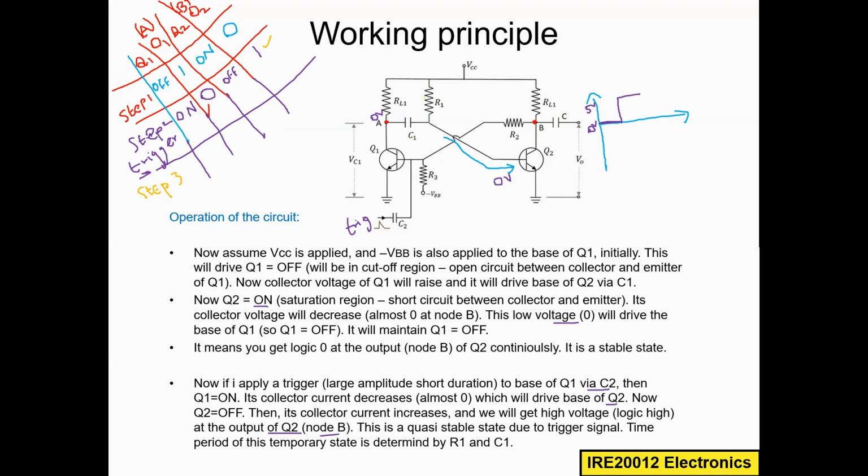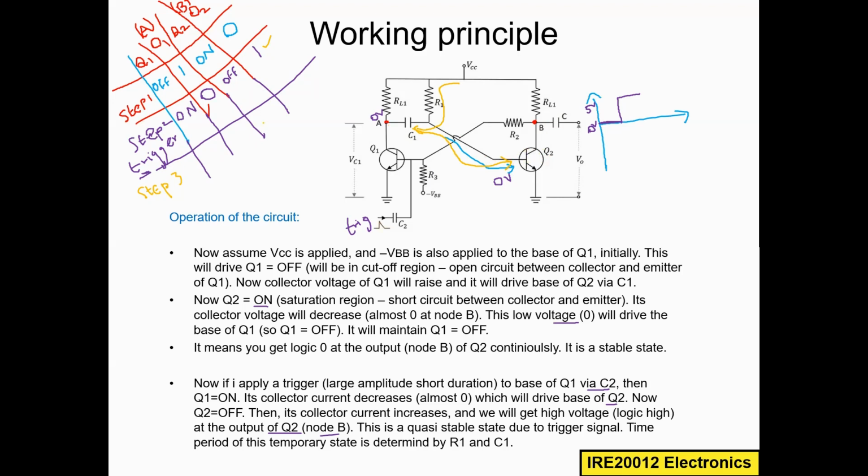Once C1 is fully charged, it will start to discharge current to the base of Q1. Once we get enough voltage at this base, then Q2 will go to the on condition again.